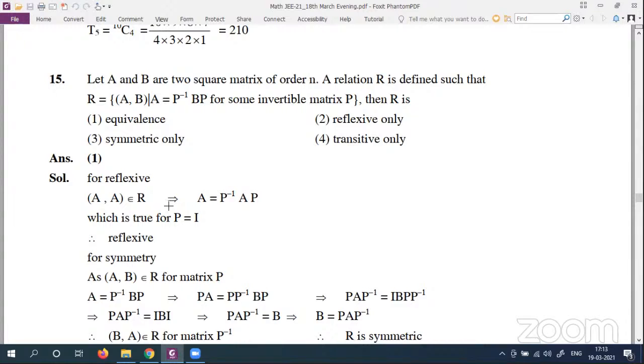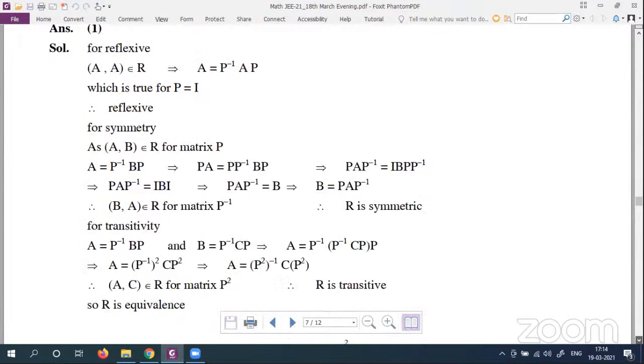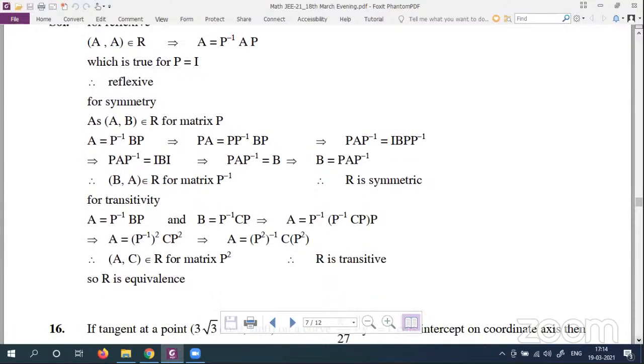Because P inverse AP will be the same as A. So A comma A satisfies, so this is reflexive. And if A comma B satisfies, then B comma A also satisfies, from the property of multiplication of matrices. If A comma B satisfies, then B comma A also satisfies. So as A comma B and B comma A both satisfy, it forms symmetric.